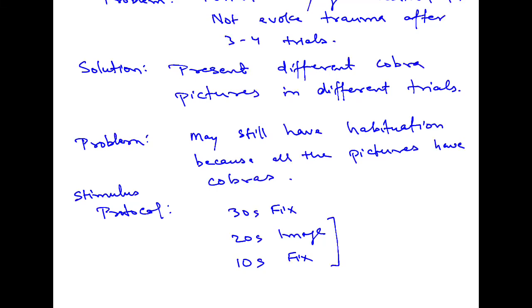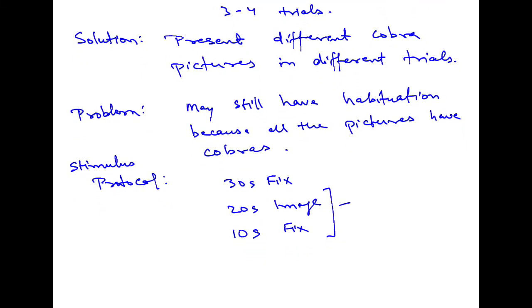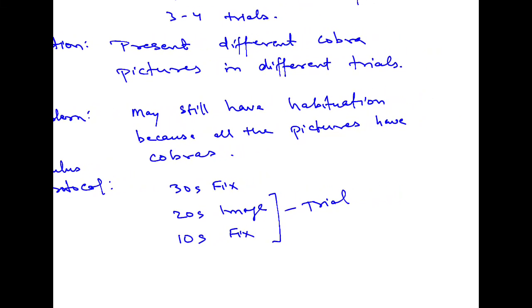So let's say this is a trial, and we repeat the trial. But now there are two types of trials, right? There are trials with cobra images, and then some wildlife.